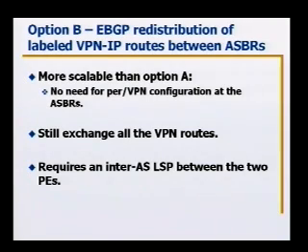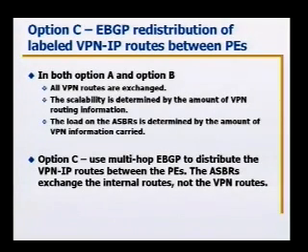Now we're exchanging these VPN-IP routes, and we're expecting to receive labeled traffic from the other side. So we need to have an LSP across AS boundaries, and an LSP across AS boundaries is not something well defined. It's being defined now in the IETF.